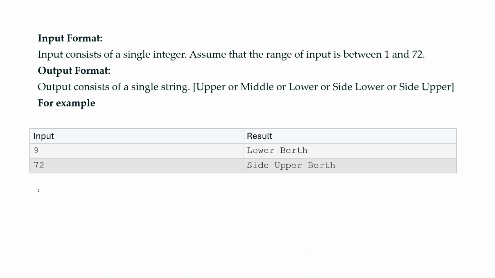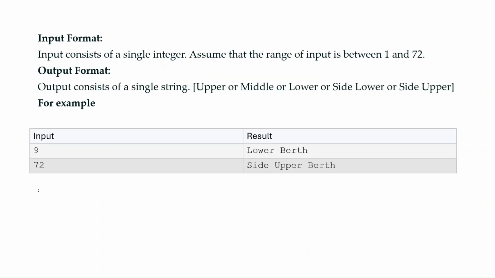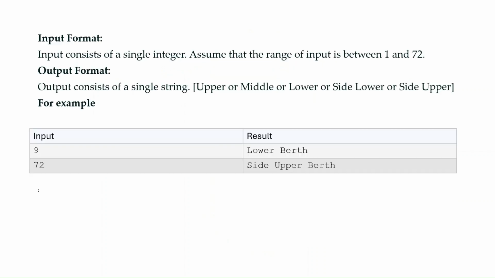So the output is going to be any one of these five values. For example, let me take an input 9. As per the chart, 9 is a lower berth, so we have to display lower berth. Similarly, for an input seat number 72, it is a side upper berth, so we have to display the same.